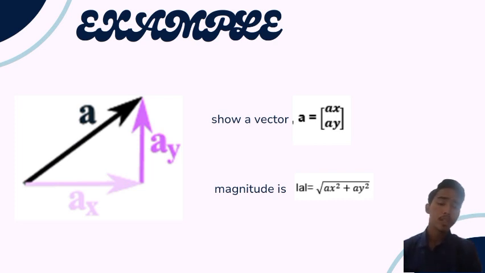So you can look at the example. Why do I write A equal to bracket ax and ay? That shows how you can write a vector in a correct way.